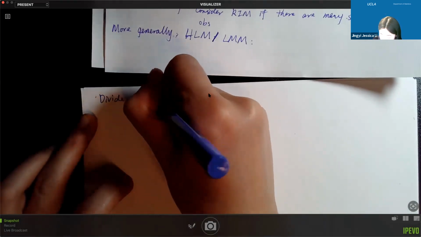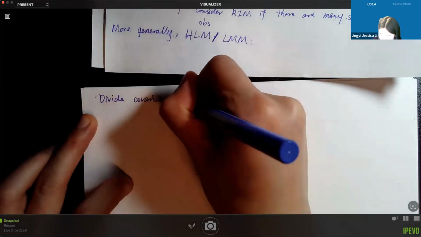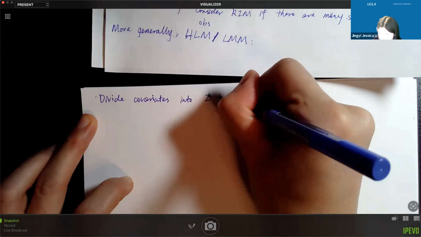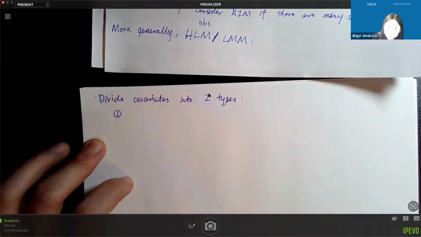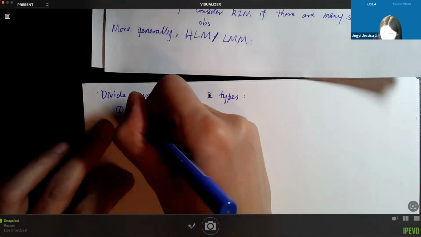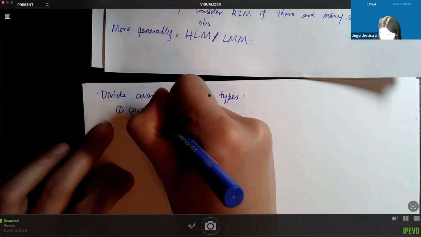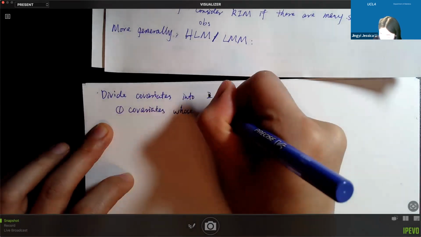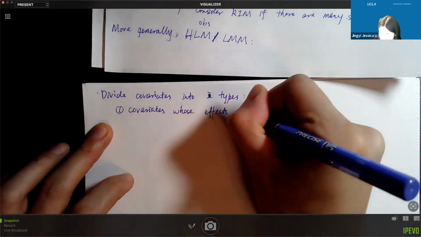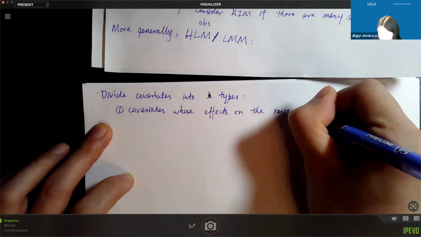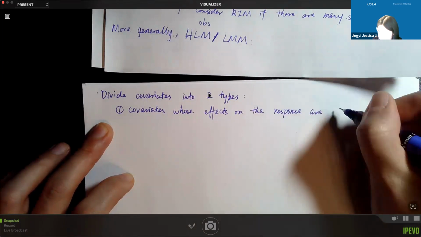Covariates into two types. The first type of covariates is the ones whose effects on the response are of our interest.